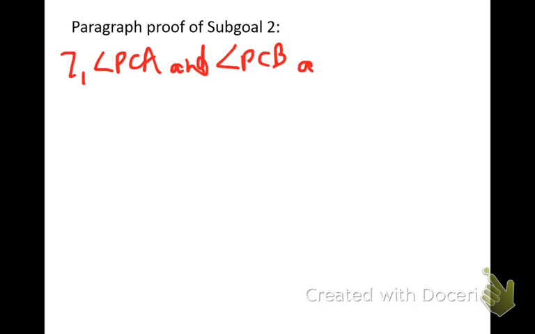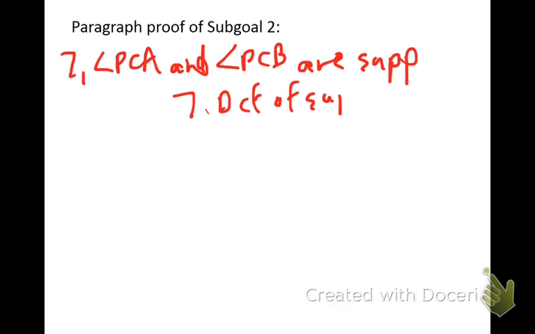We would have a step, step 7, saying angle PCA and angle PCB are supplementary, and that's by definition of supplementary.